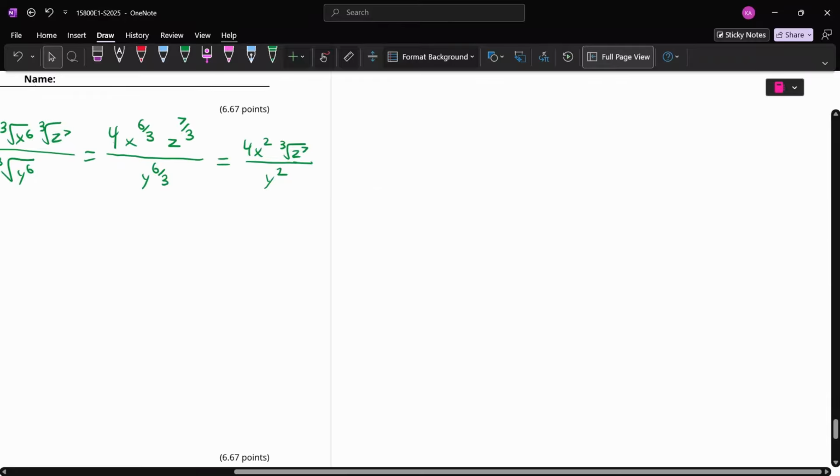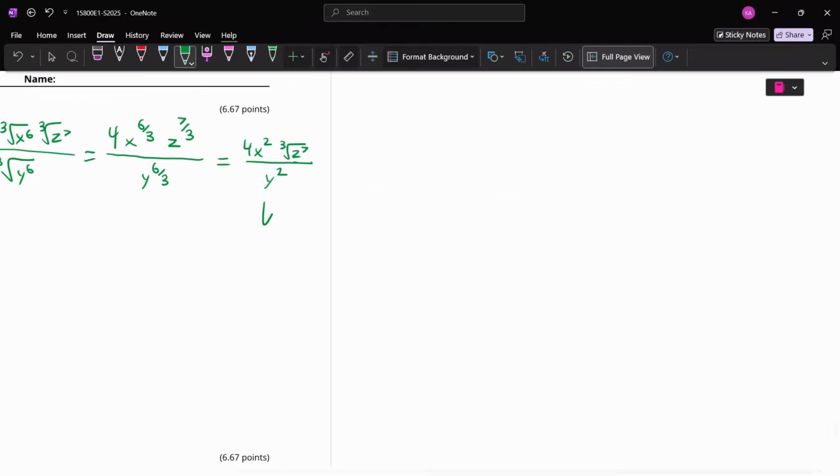We can rewrite it as 4x squared times the cube root of z to the 6th times z, and then attach an individual cube root to each of these instead. Like that. I hope that makes sense.